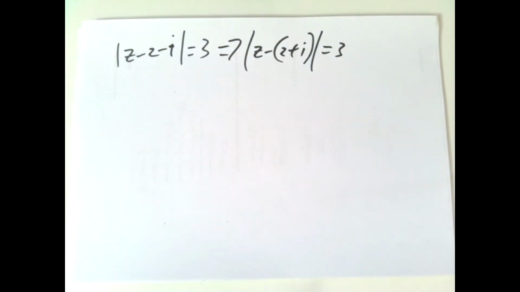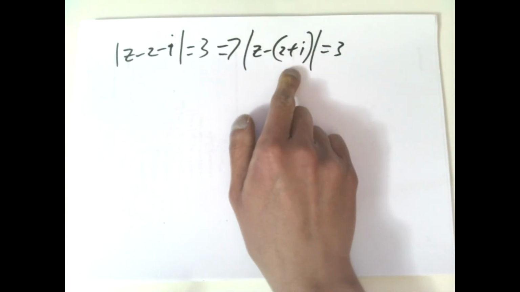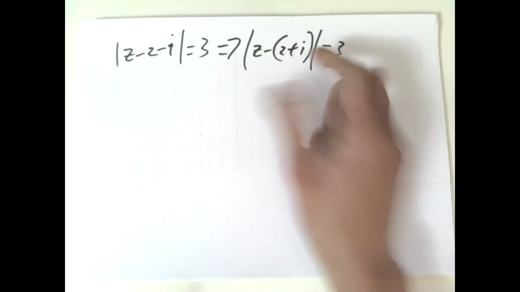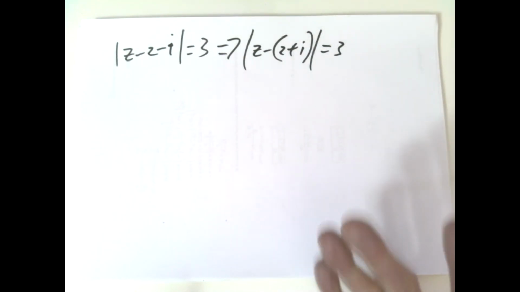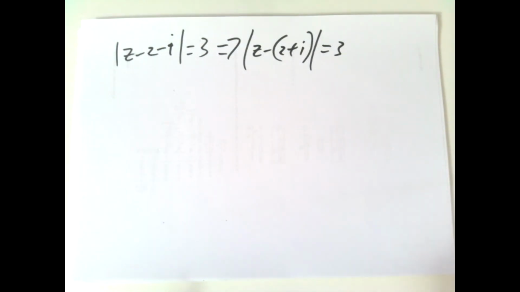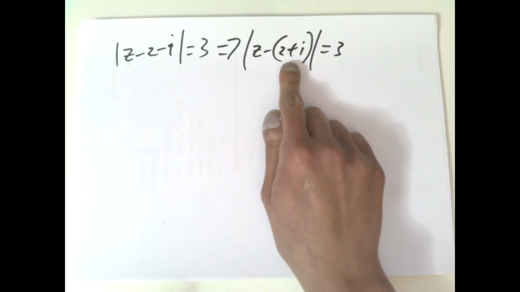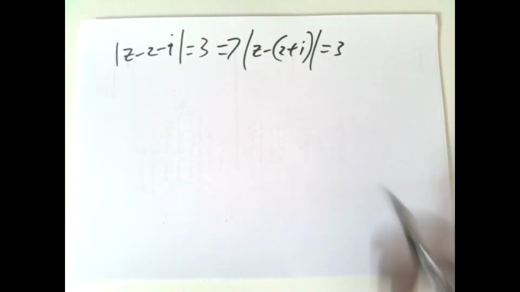So what this is trying to say is that z from 2 plus i, its distance is always going to be 3. So the only time we can actually get such a situation is if it is a circle centered at (2, 1).